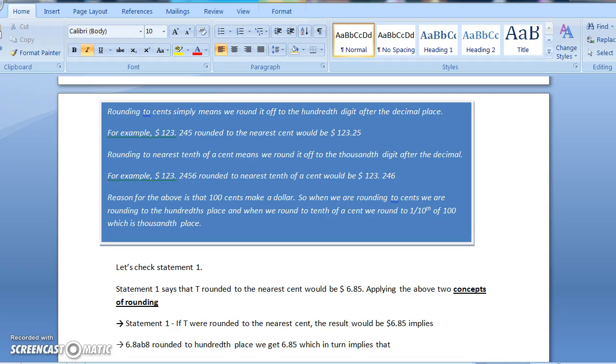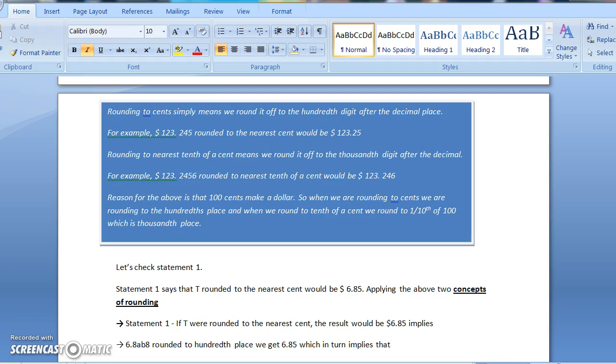Rounding to the nearest tenth of a cent means we round it off to the 1000th digit after the decimal. For example, $123.2456 rounded to the nearest tenth of a cent would become 123.246. Why? Because we are rounding to the nearest thousandth. The 1000th digit is 5 and the next is 6, which is greater than 5.